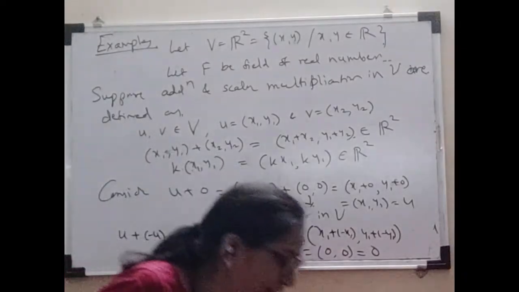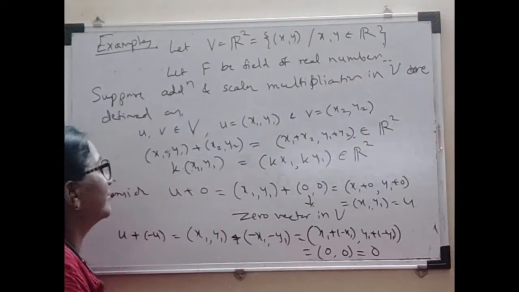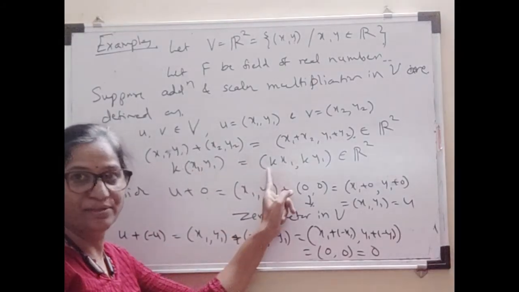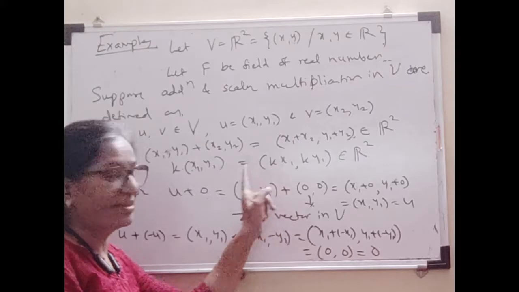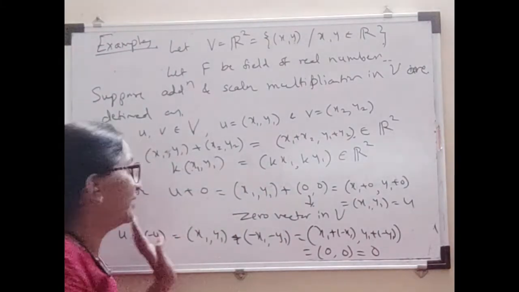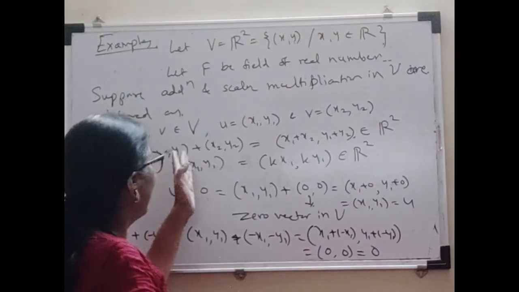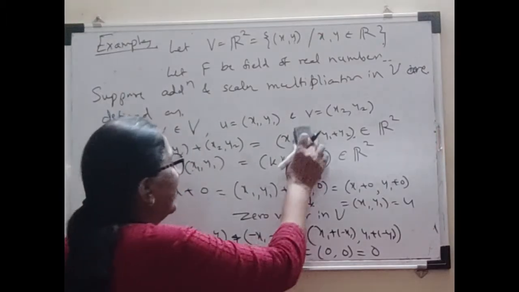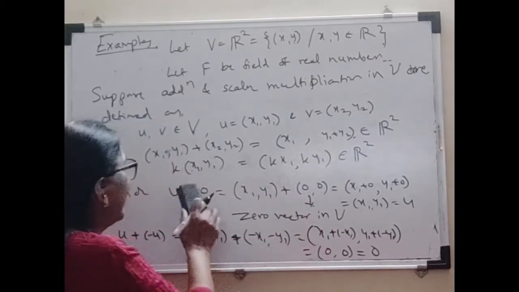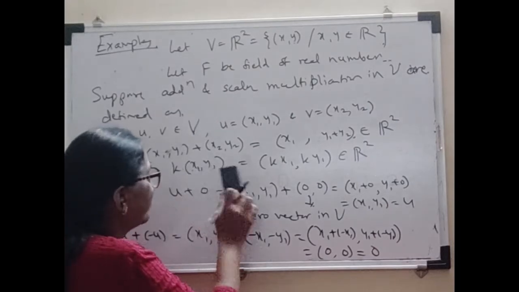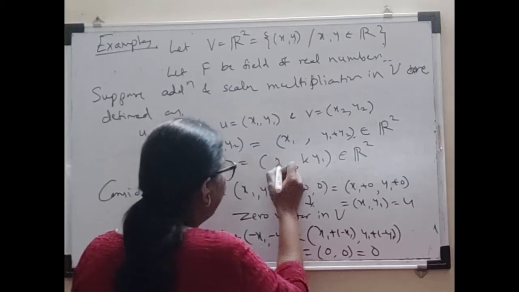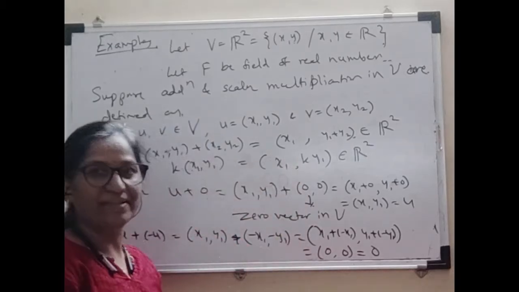Now next thing, whether this definition of addition and scalar multiplication should be like this only? No. There is no restriction on the definition of addition and scalar multiplication defined on set V. We may define (x1, y1) plus (x2, y2) as (x1, y1 plus y2), and k times (x1, y1) I may define as (x1, k y1).